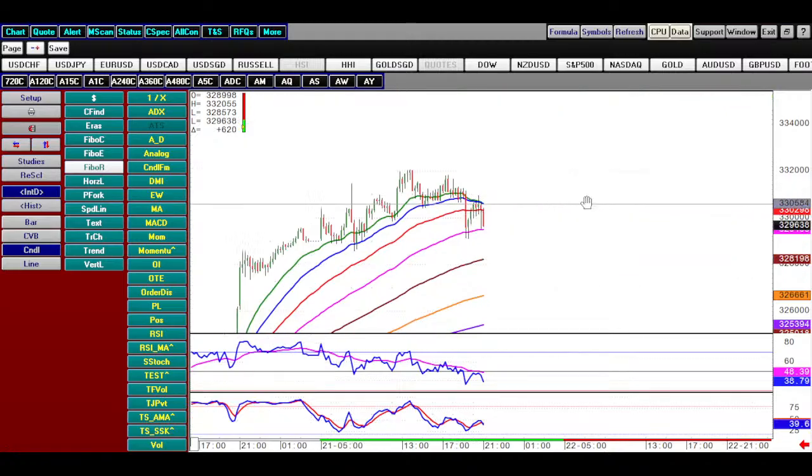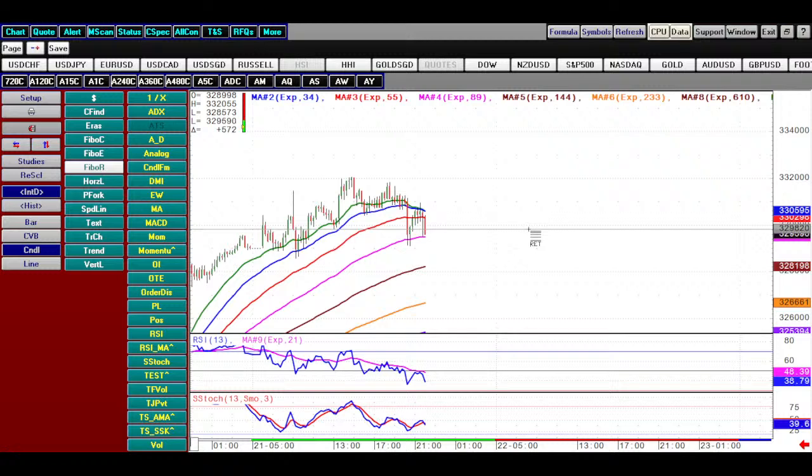If it breaks, then we can exit at 3286, or yeah, I think 86 or 82 should be a comfortable level. Okay, so gold, cautious sell XAU at 3306.